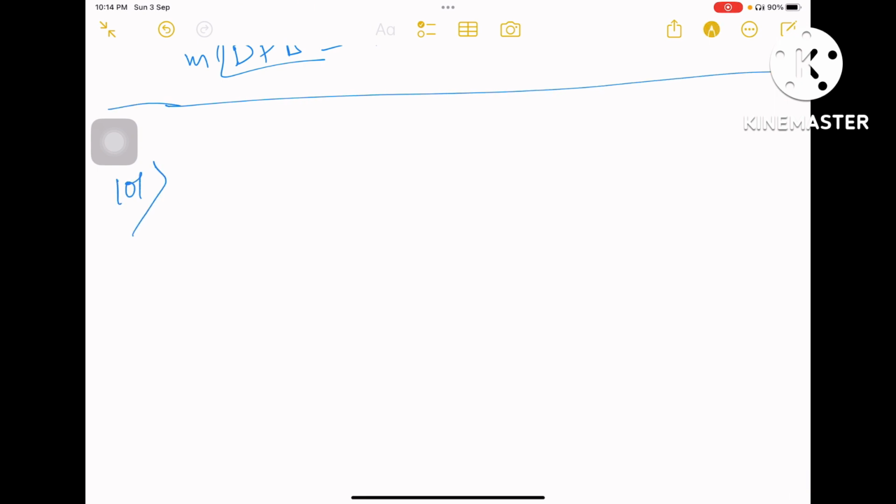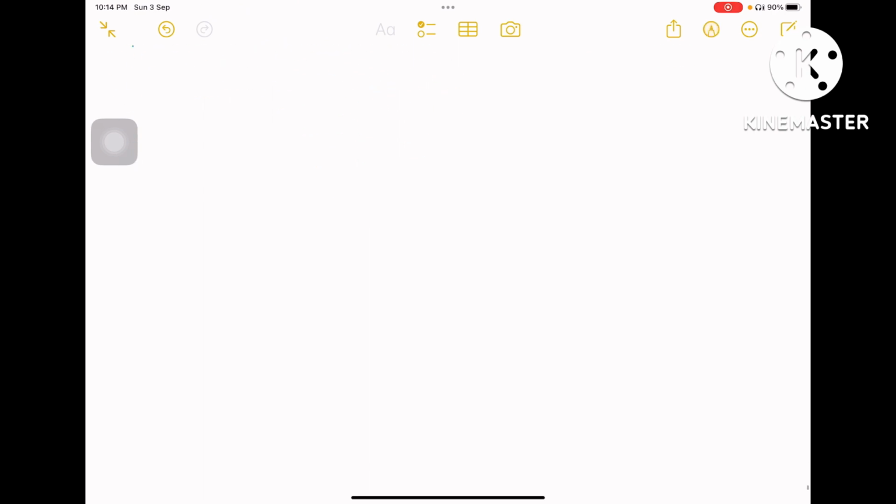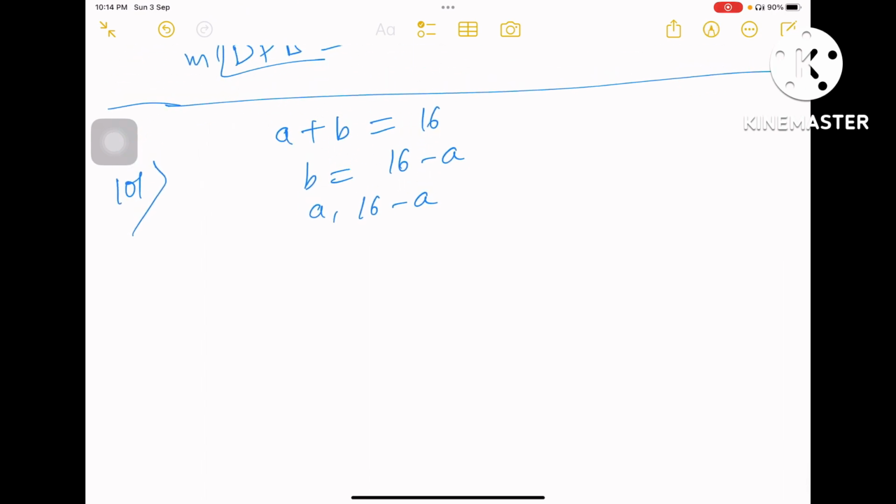Here we are making two parts of 16. A plus B is equal to 16. B is equal to 16 minus A. So one number is A, another number is 16 minus A. Now definitely either A will be bigger or 16 minus A will be bigger. If suppose A is a smaller number, 16 minus A will be a bigger number.